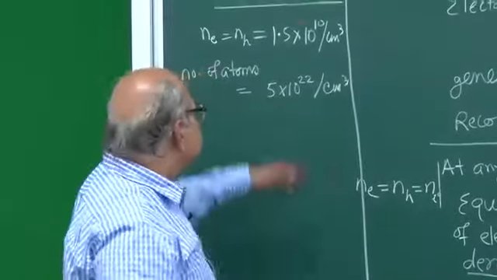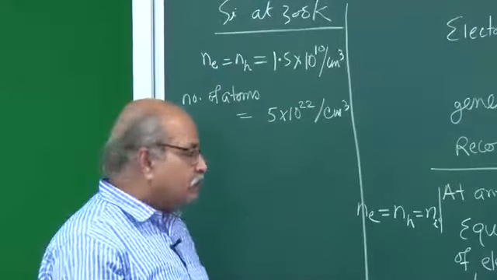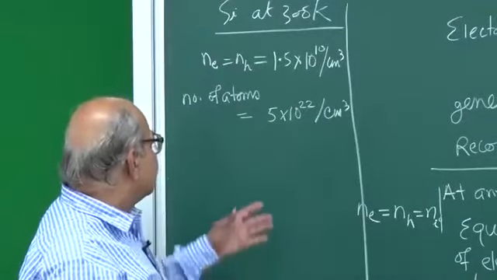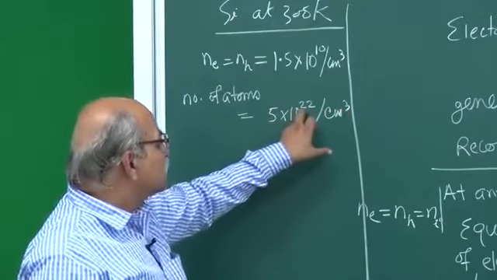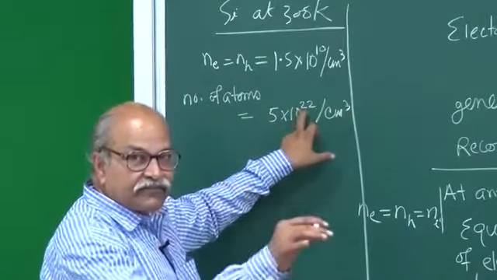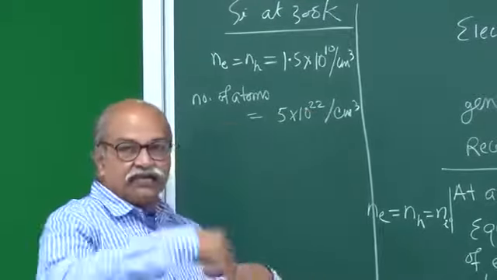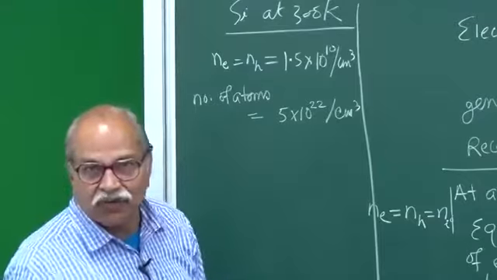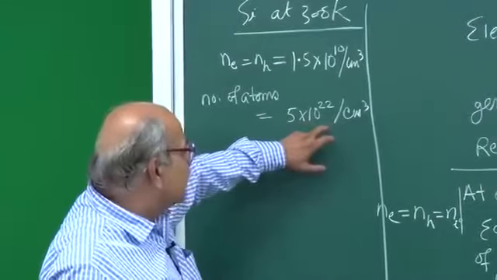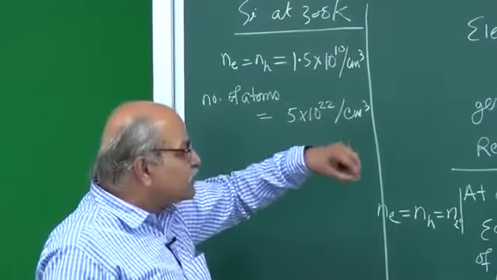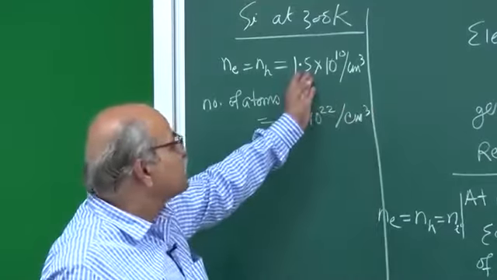So you can see the ratio. In any silicon crystal, per centimeter cube you have 5 into 10 to the power 22 atoms, right? And each atom has all those 4 bonds, and then how many bonds are broken, how many valence band electrons have gone to the conduction band, that number is this.